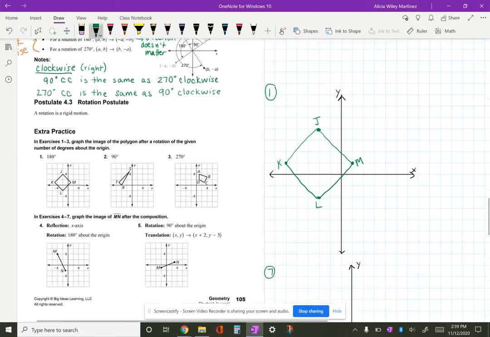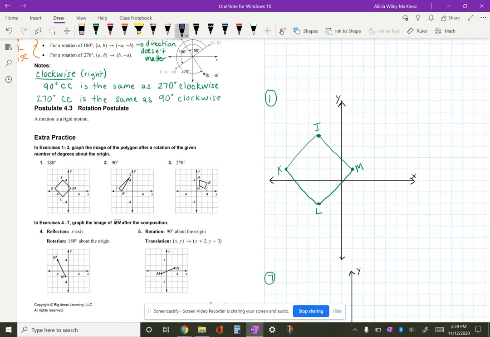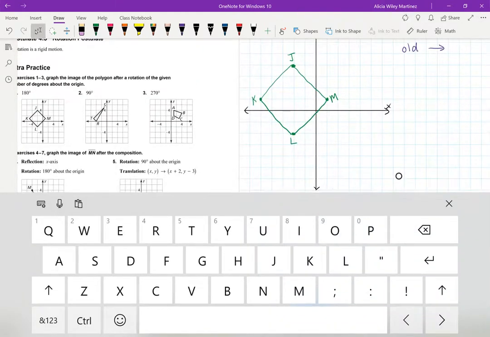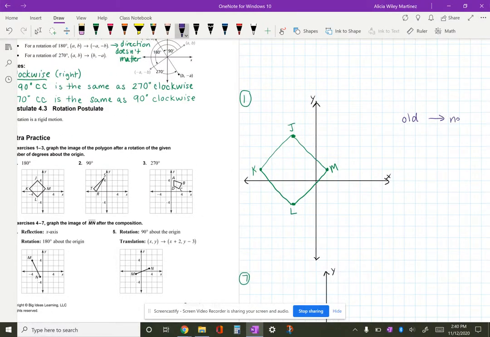So what I like to do is write down the old points and think about using the rule, and what do those points become using the rule. You can write the points here on the graph, but this graph's kind of small, so you might want to just write it off to the side like I am doing.